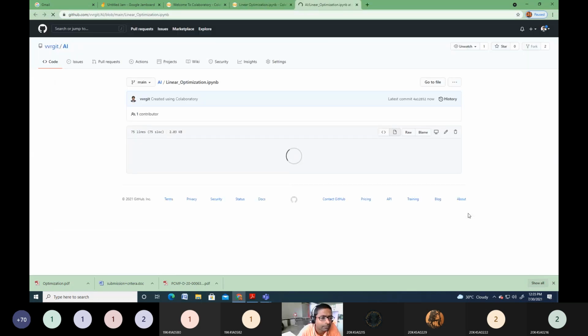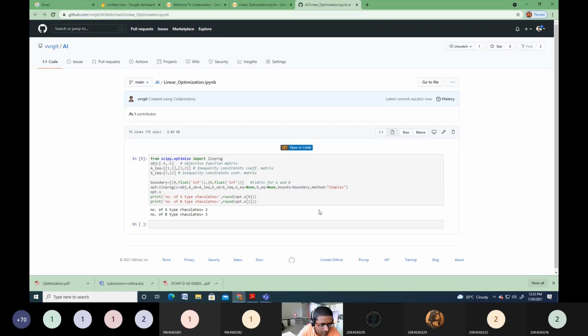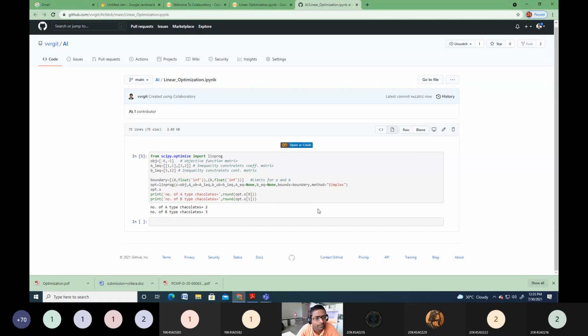Done. See, you can see here, it is coming to my repository. Later, whenever I have free time, I will open your GitHub repository with the path you shared with me.